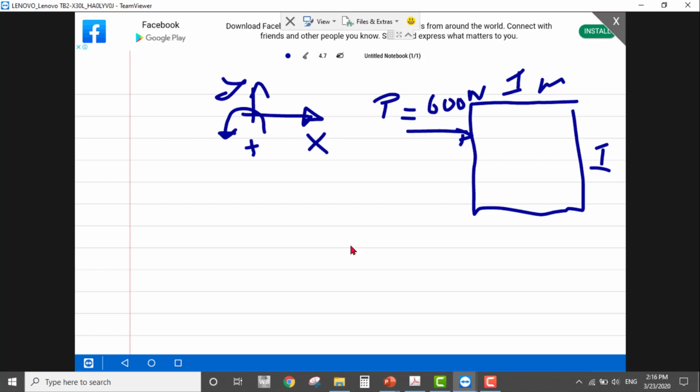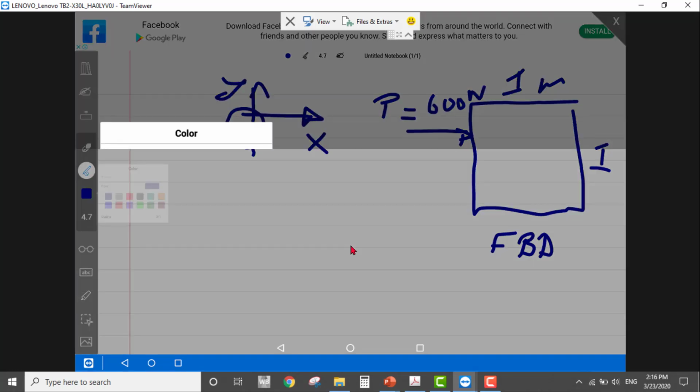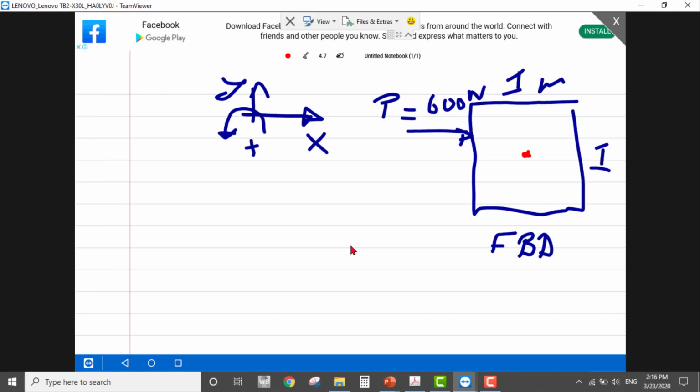Okay, now the second thing is to draw the free body diagram. We already start with drawing the given information, which is the force. Now we have here at the middle the centroid, so we have weight downward, okay, we have mass, then we can calculate the weight from multiplication of mass with the acceleration.